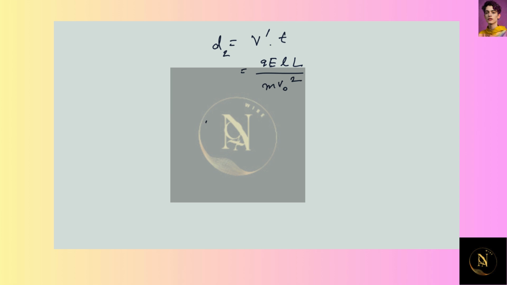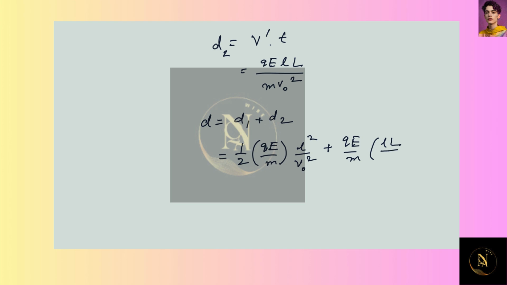Now the overall total deflection d will be equal to d1 plus d2, which is half qE by m times L squared by v naught squared, plus qE by m times small l capital L over v naught squared. So this is the overall deflection.